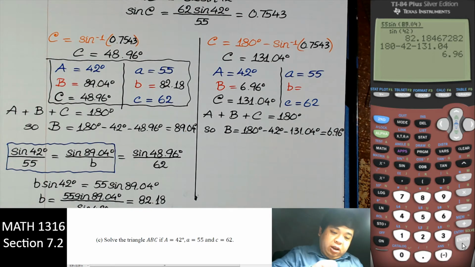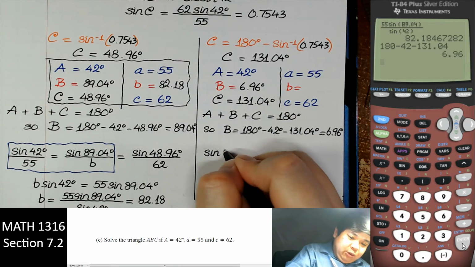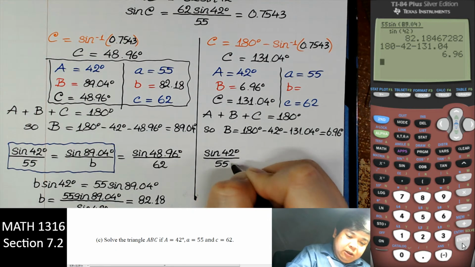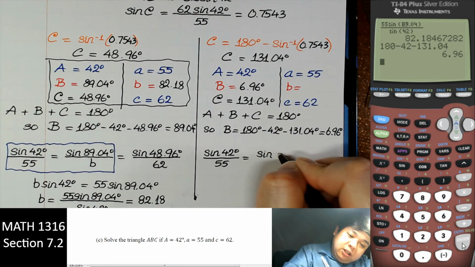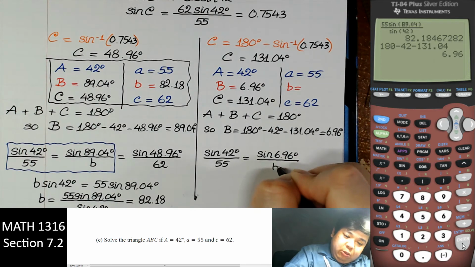And then we do the same thing. Sine of 42 degrees over 55 equals sine of 6.96 over little b.